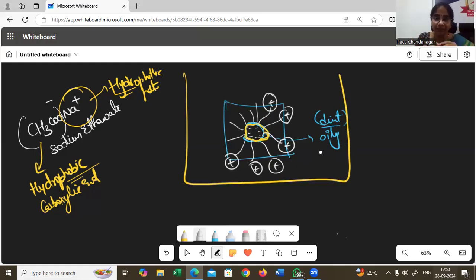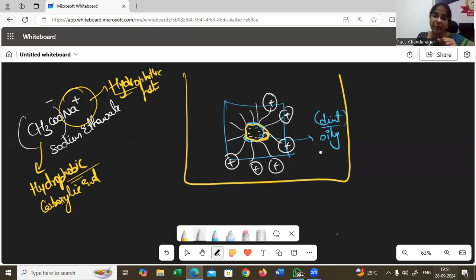Why? Because the negative ions, the carboxylic end, are the hydrophobic part. Phobia means you don't want to be with water, I have fear of water. So the hydrophobic part does not want to be with water, hence it wants to be with the oil only.